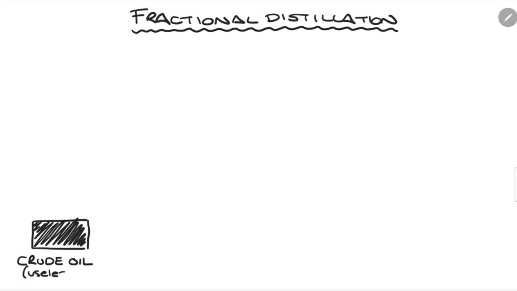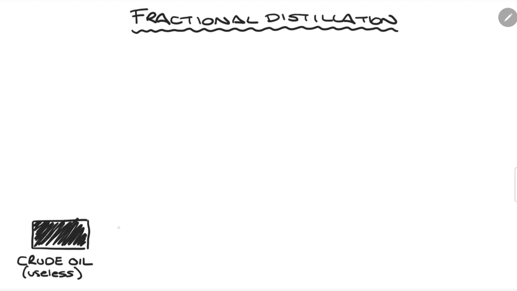It doesn't really have any direct uses. We have to purify it. We've got to separate it into the individual components in there, which are much more useful than the parent mixture. How we do that is via the process of fractional distillation.